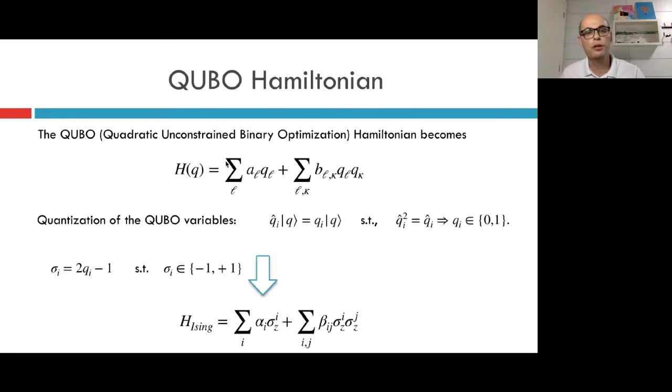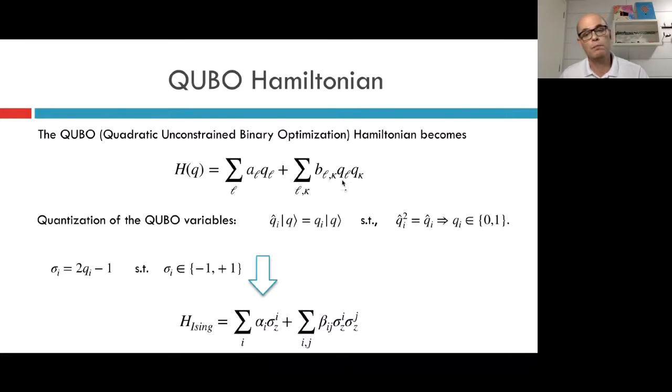So we finally found this new Hamiltonian. We observe that this Hamiltonian is very similar to the Ising one, and it is called the quadratic unconstrained binary optimization, or QUBO, Hamiltonian, because it's solving quadratic problems.